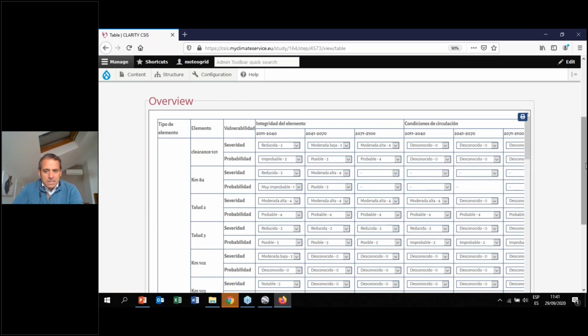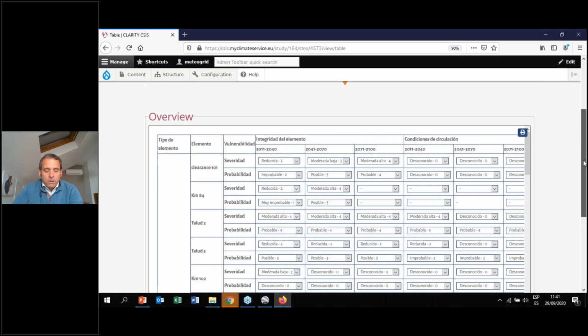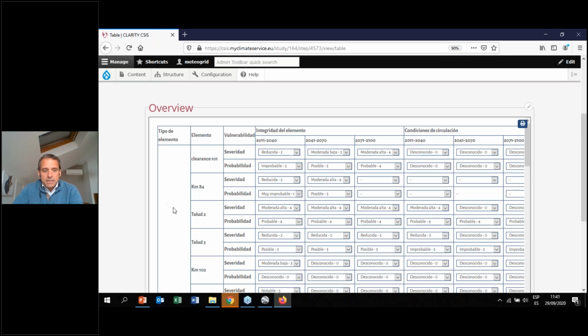So the system allowed us to characterize each element, each point, and the designers, the engineers, or the road maintenance experts may make the exercise to define the vulnerability.